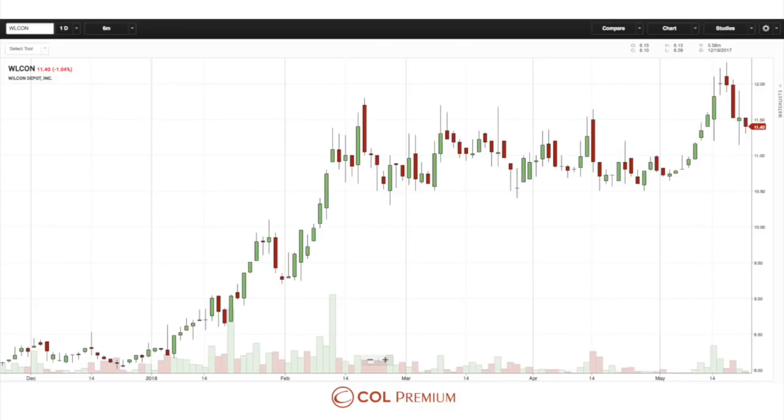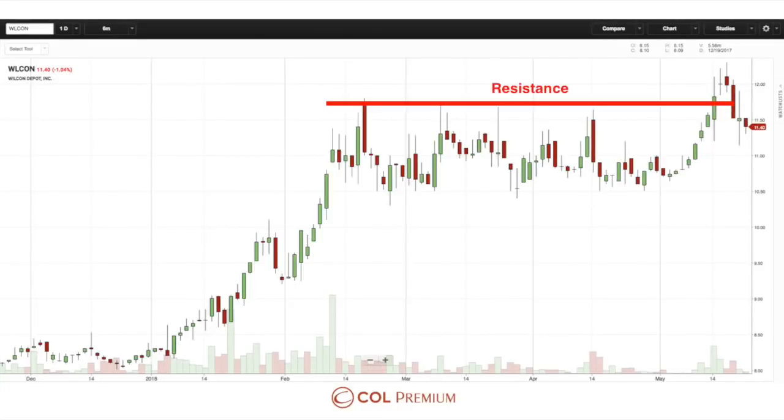For example, Wilcon. We have a duration in time over here. Let's go into at least the last 6 months. If it is sideways, then we can simply draw our resistance line and our support line.